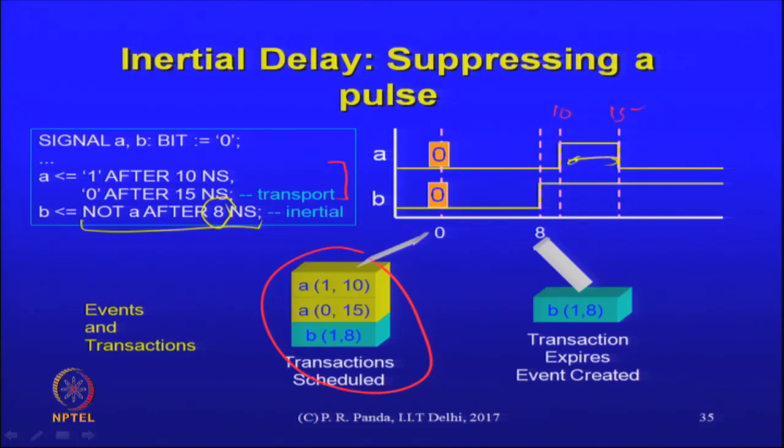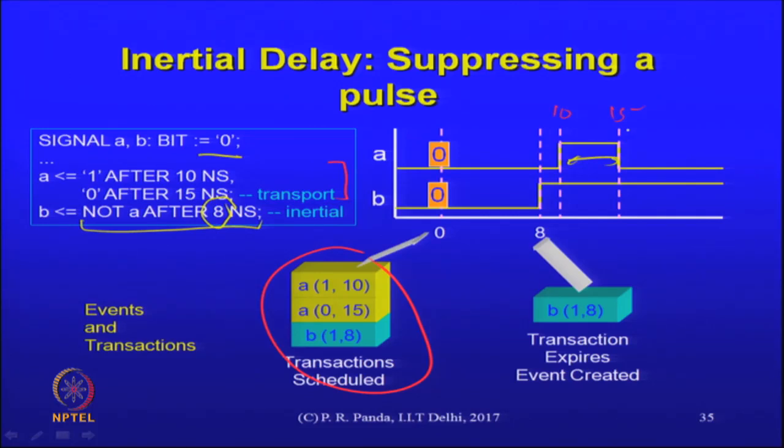We have 2 transactions at time 0, we have initialized the values to 0. Even if you did not initialize it, the default value for the bit data type is 0. So, we have zeros on both A and B at time 0. Then I have one transaction A equals 1 being scheduled at 10 and another transaction A equals 0 being scheduled at 15.